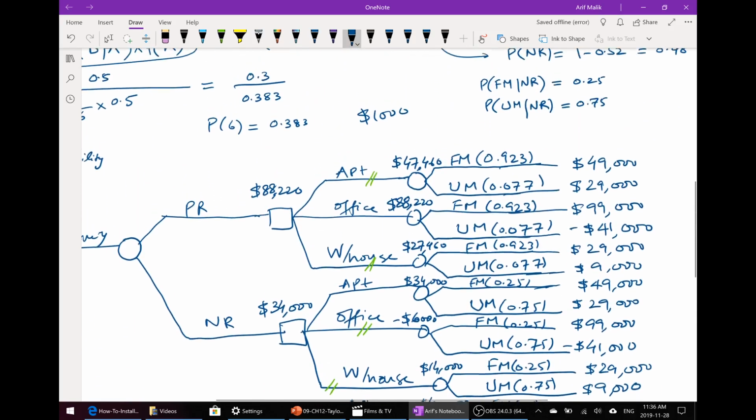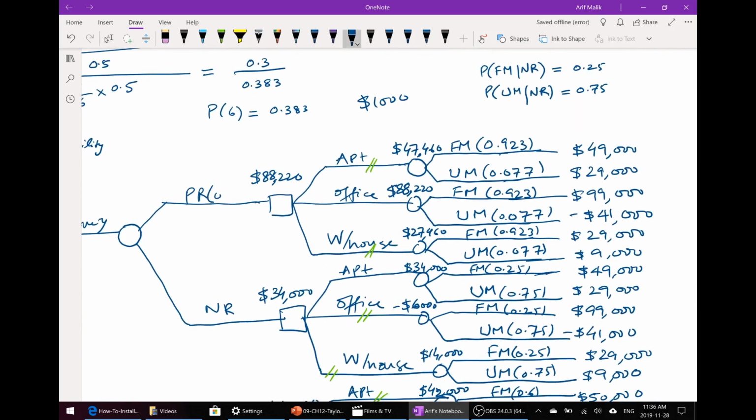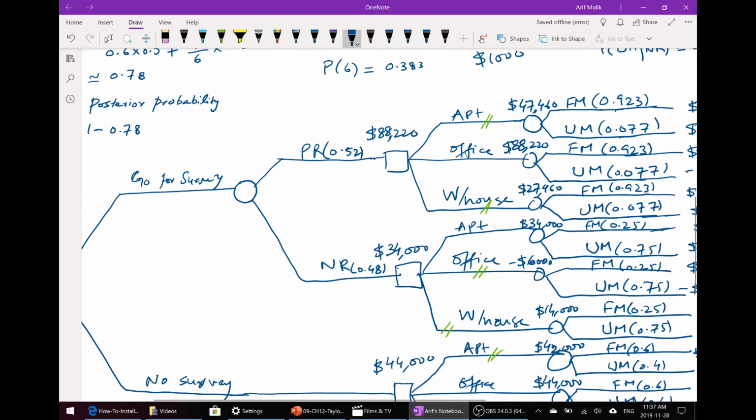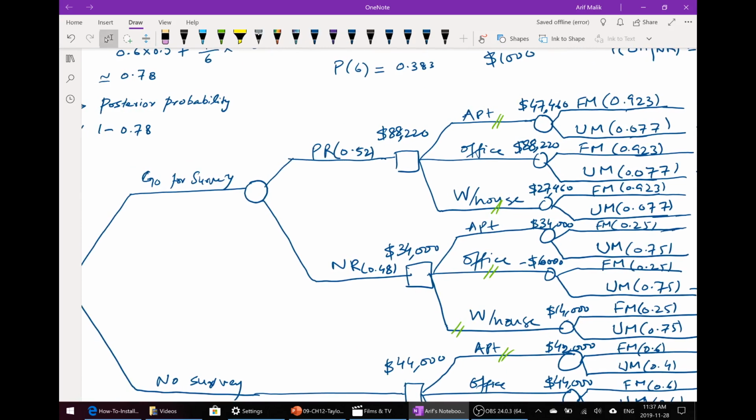Now the probability of getting a positive report was 0.52, and the probability of a negative report was 0.48. So we weighted this to find out the expected value, and that would be 88,220 multiplied by 0.52 plus 34,000 multiplied by 0.48, and what we get is $62,194.